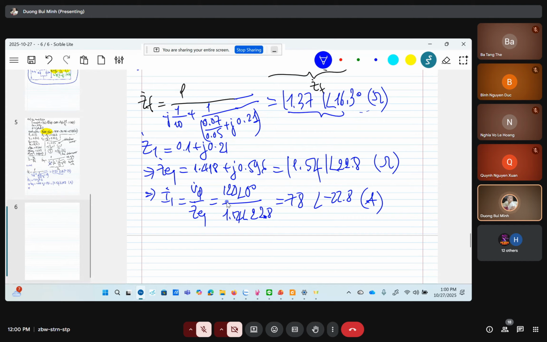Please help me to double check, is it correct or incorrect?